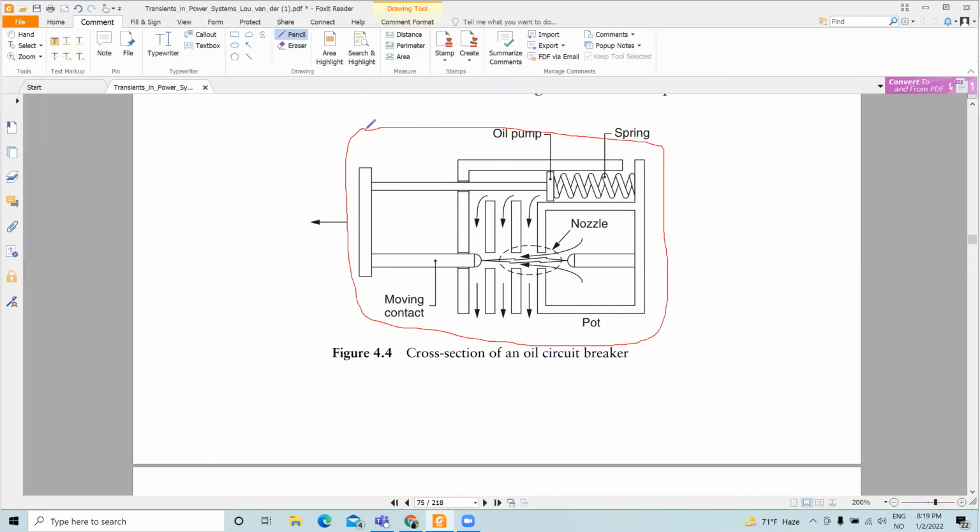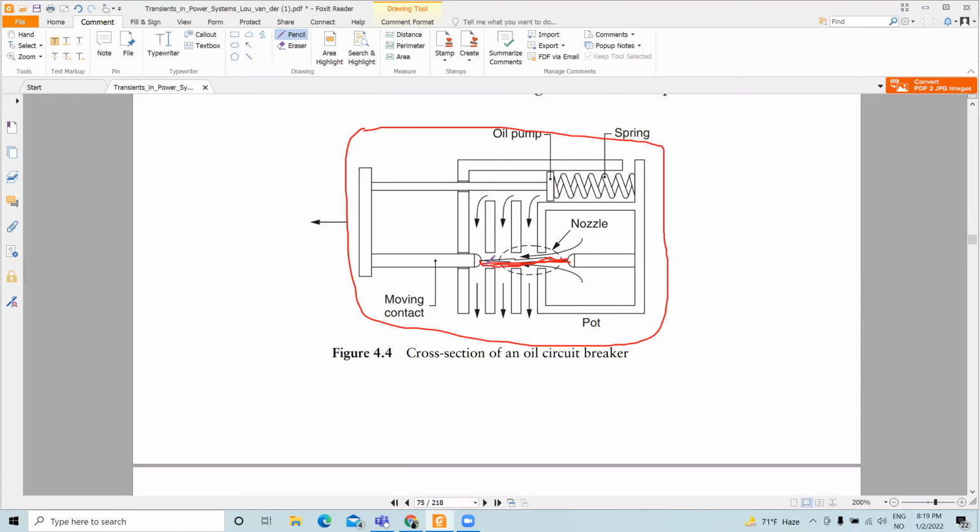You have a tank, and inside the tank everything is submerged in the oil, and you have a moving contact and a fixed contact. The moving contact has a spring connected to it, so when you give the circuit breaker the command to open, this moving contact moves away from the fixed contact and you draw the arc. So the arc burns in between.